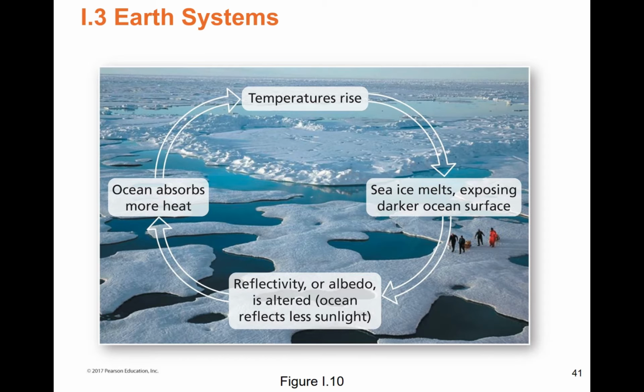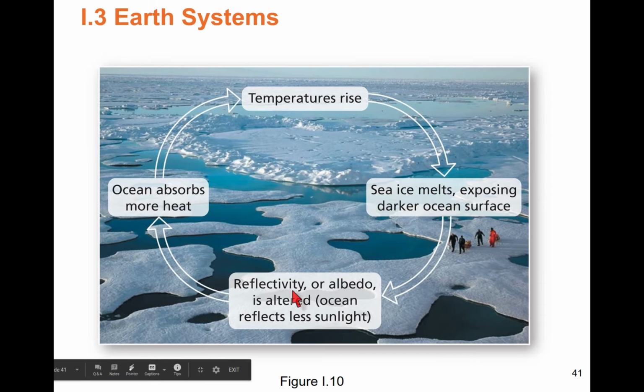So here's another feedback loop. This would be the ice albedo feedback loop. So ice reflects a lot of energy. So 95% of the sunlight coming into ice bounces back out into space. So when sun shines on ice, the light gets bounced back into space. But as temperatures rise, the ice melts, which exposes dark water, which absorbs heat.